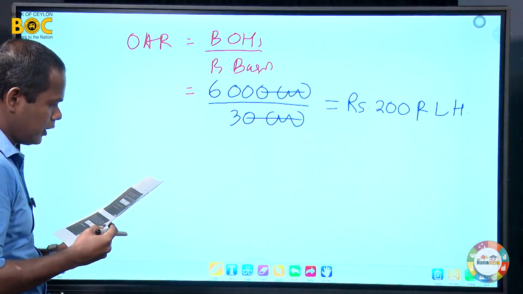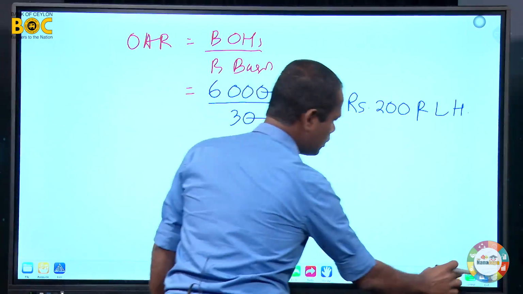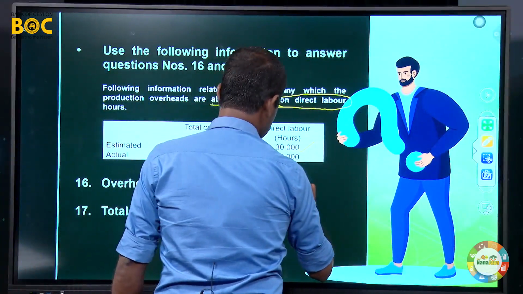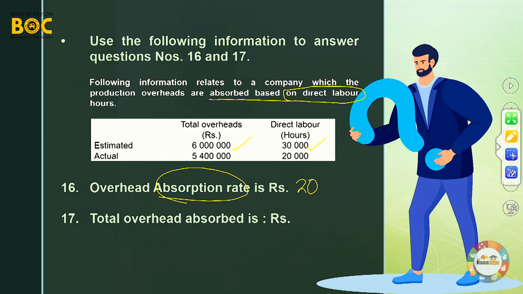The overhead absorption rate is 200 rupees per labor hour.